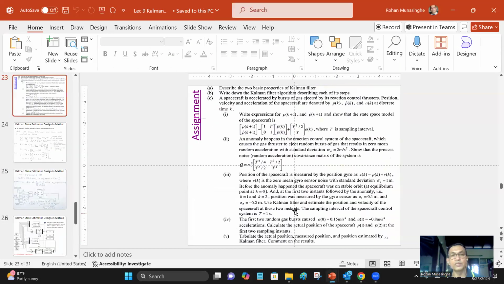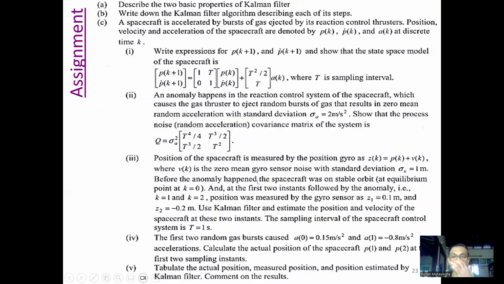Now, if we go back to the question for the remaining parts, part 4: the first two random gas bursts cause A0, 0.15 meters per second squared, and A1, minus 0.8 meters per second squared. Now you are given the actual accelerations that cause this motion.